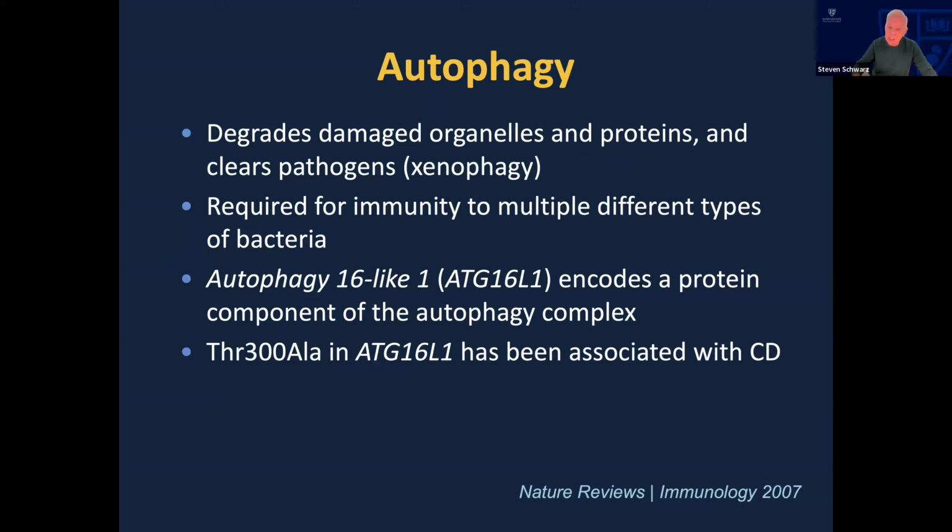And the ATG16L1 gene encodes a protein component of this autophagy complex. And in one case, replacement of threonine for alanine in one position has been associated with Crohn's disease.